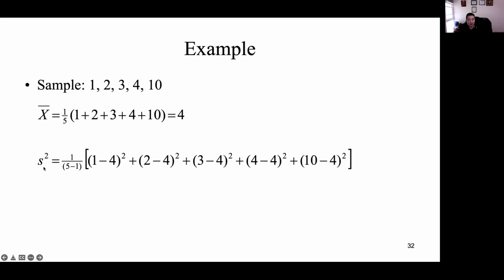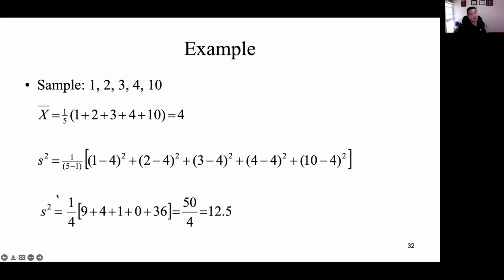Then the sample variance S squared, using one of the two equations in the slides: the first item 1 minus the sample mean 4, squared, plus the second item 2 minus 4, squared, and so on, divided by n minus 1, where n is 5. We get the sample variance, or we can use the other equation for the same answer.